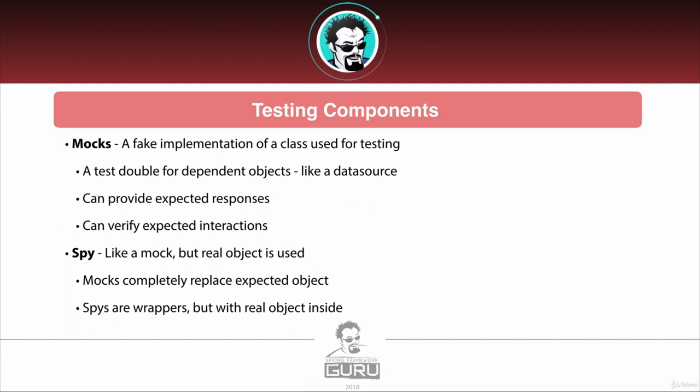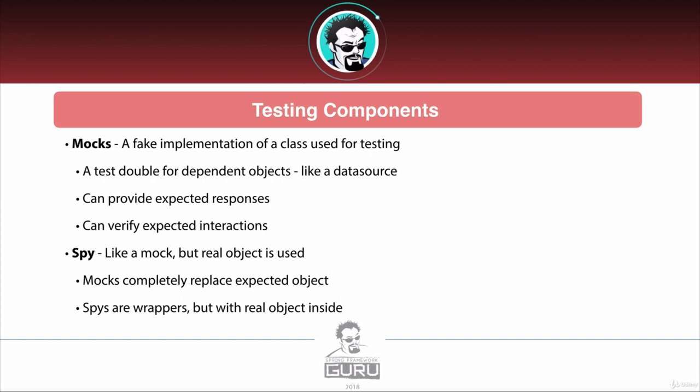So rather than getting a data source from MySQL using the jar for that to obtain a data source, I could write my own implementation of it and give back responses to my class that I'm expecting. So mocks can provide expected responses. They can also verify expected interactions. So a couple of important things about mocks.